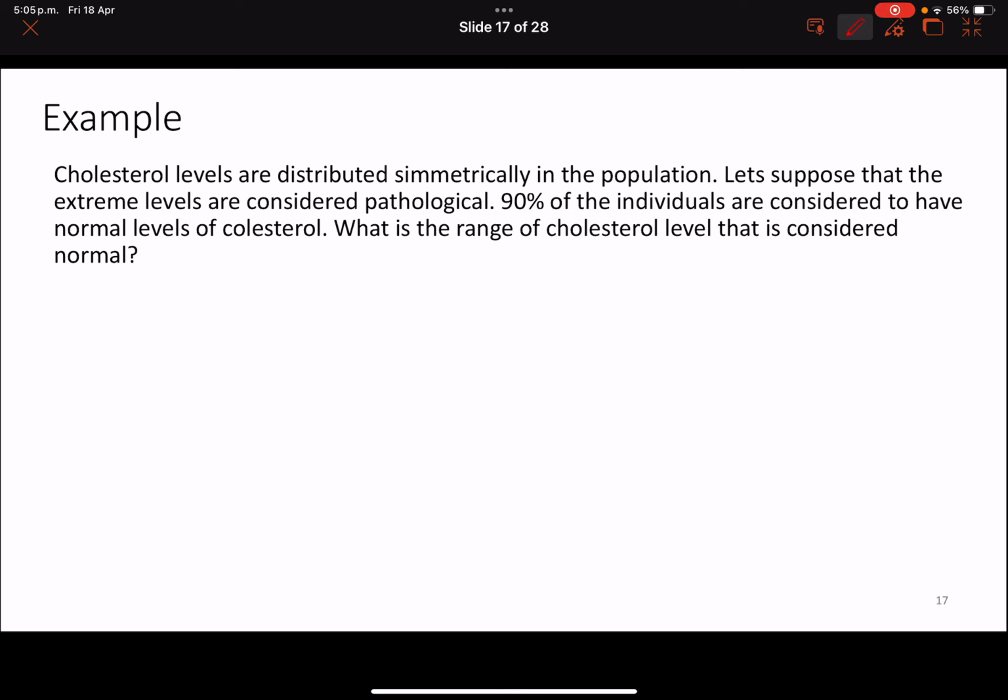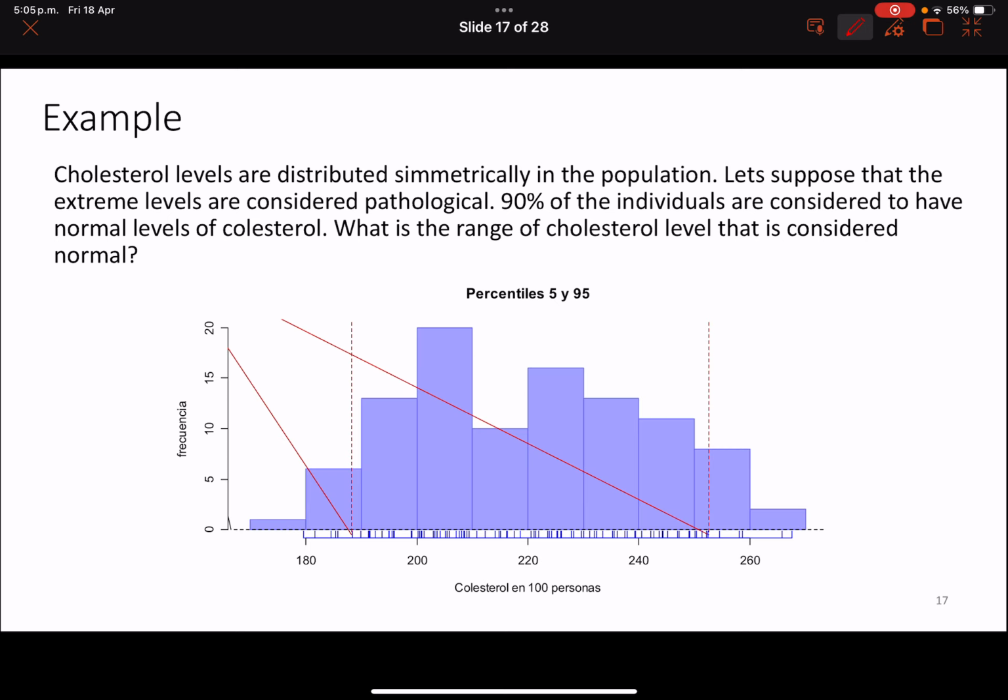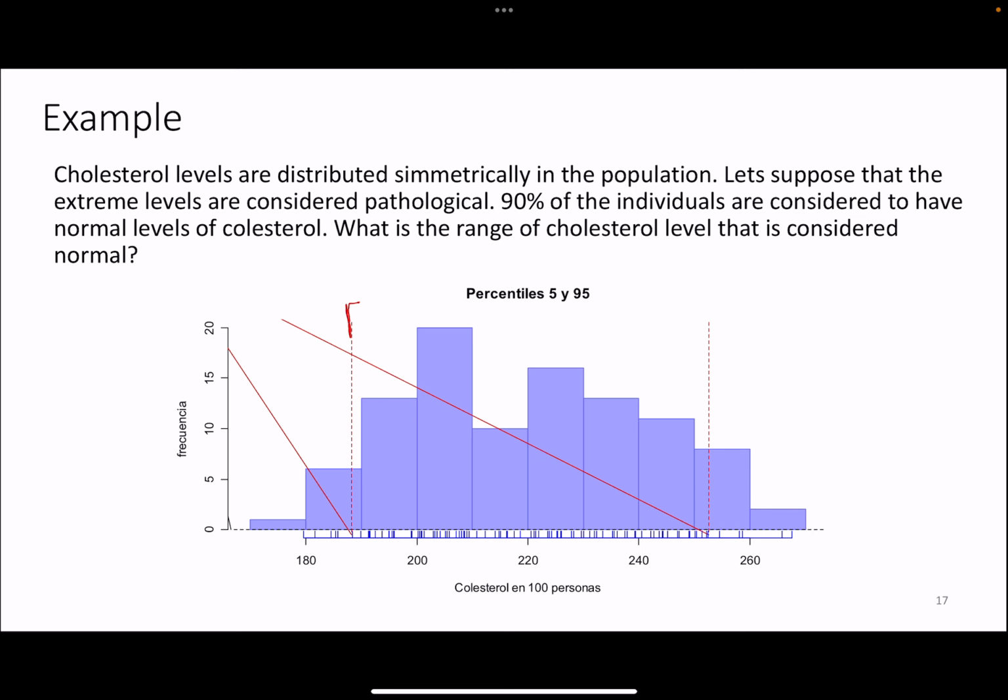So it says cholesterol levels are distributed symmetrically in the population. Let's suppose that the extreme levels are considered pathological. 90% of the individuals are considered to have normal levels of cholesterol. What is the range of cholesterol level that is considered normal? In this case, we're talking about not having a lot of cholesterol, but we do need to have a healthy amount of cholesterol. So 90% of the population are considered normal.